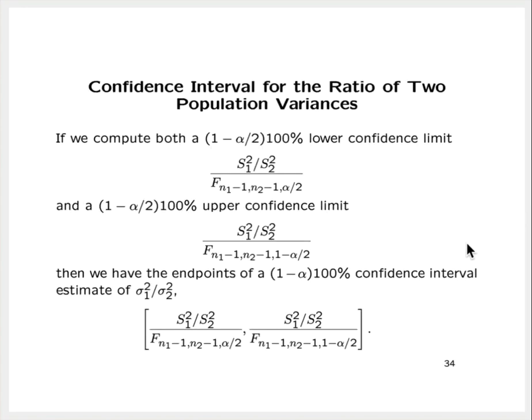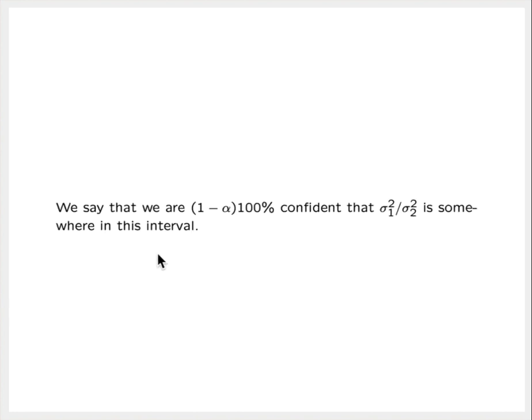Once we've constructed this two-sided confidence interval, the way that we interpret this is that we are (1 minus alpha) times 100% confident that sigma 1 squared over sigma 2 squared is somewhere in this interval.